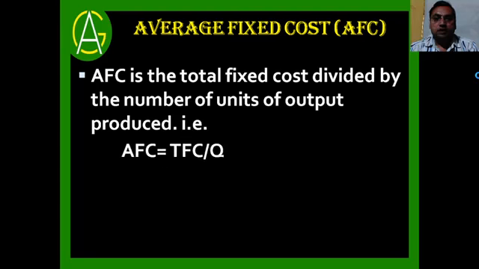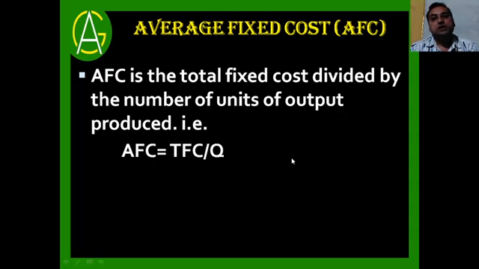By the formula we can present it like this: average fixed cost is equal to total fixed cost divided by the quantity. Here you can mention quantity or number of units, the answer will be equal. This will give you average fixed cost.